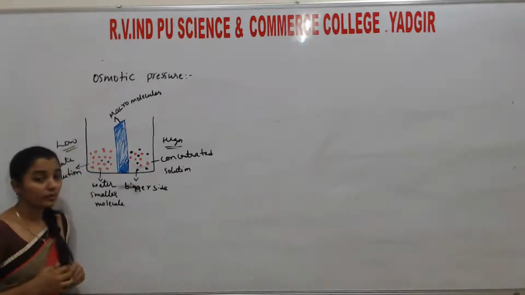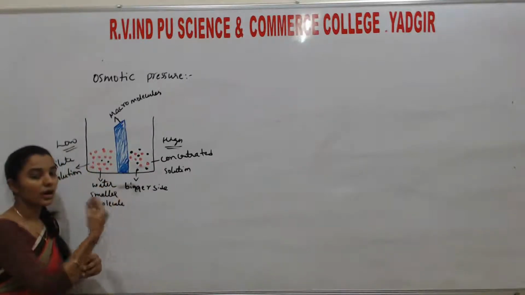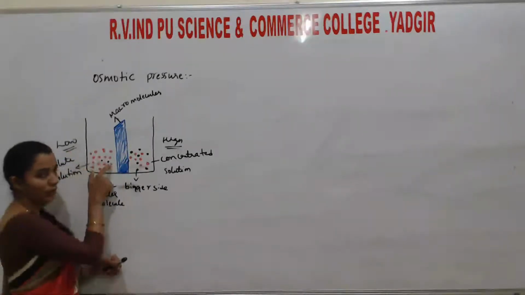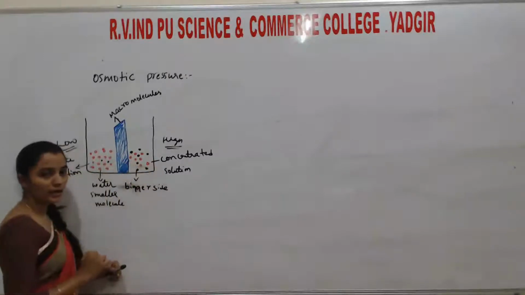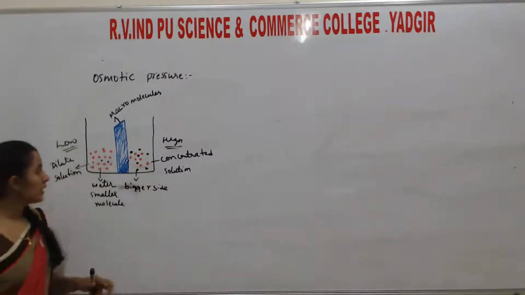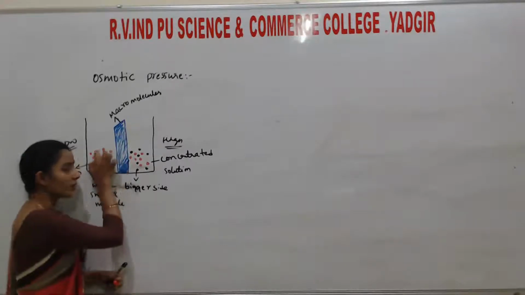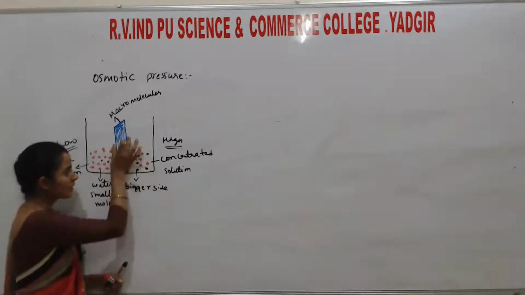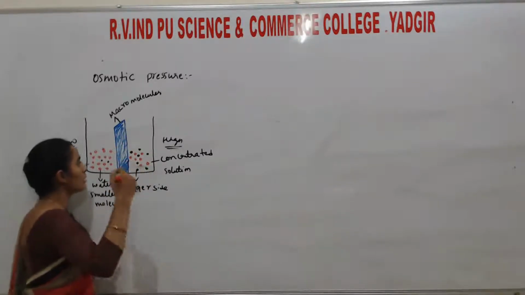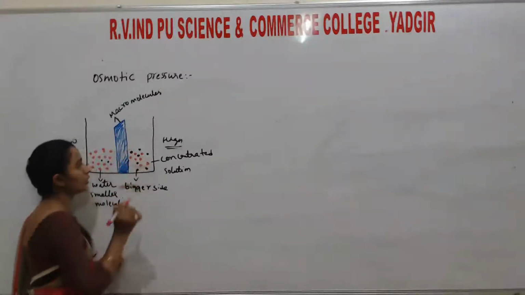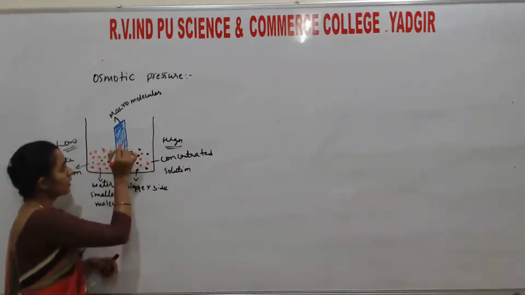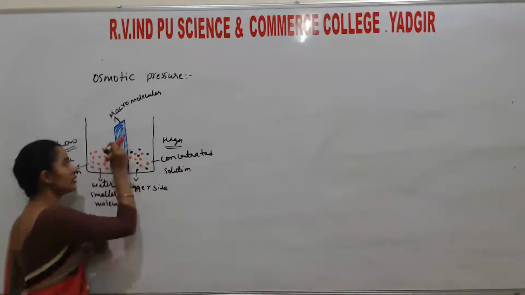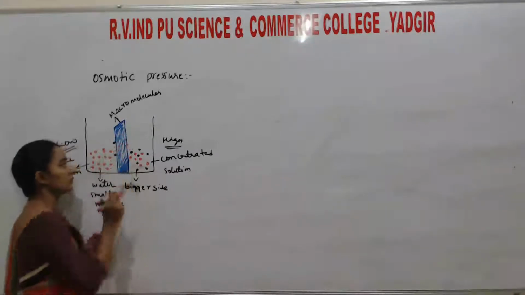Always the water moves from lower concentration to higher concentration region. Here it is low concentration because fewer solute particles are there. Here high concentration is there. Then the solvent molecules, the water molecules, the red ones, start to move from this position to this position. This is a semi-permeable membrane. It allows only these to pass through and stops the black colored molecules. If they also try to go, they stop here only. Understood?